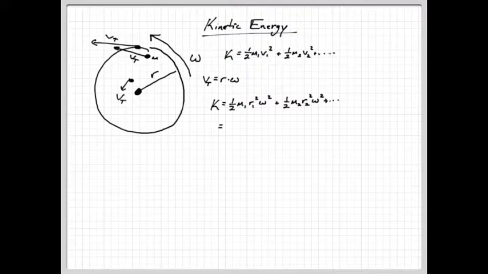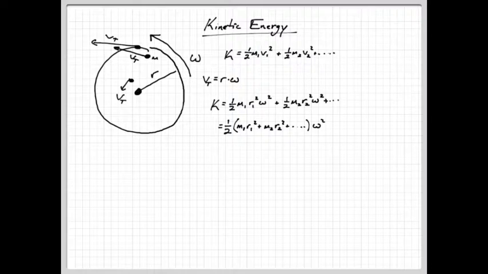So if I factor out the things that are constant, you'll see that I have a 1/2, and then m1 r1 squared plus m2 r2 squared plus all the other products of m's and r squareds, times the angular speed squared. Again, the angular speed was the same for every single mass in this object, because when it's rotating, the entire thing is rotating at the same speed, regardless of where you are from the center.